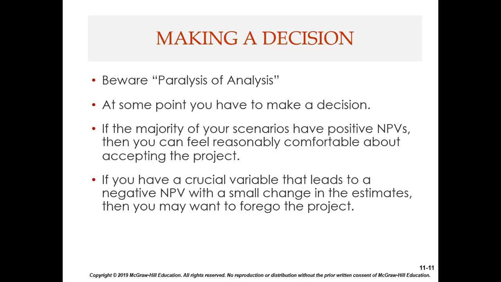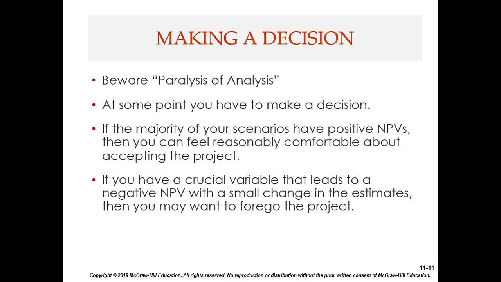So what we're saying here is it's not going to be perfect science. You want to find the project that even at its worst, if it has some negative net present value, maybe you still do it because the worst may not even happen.